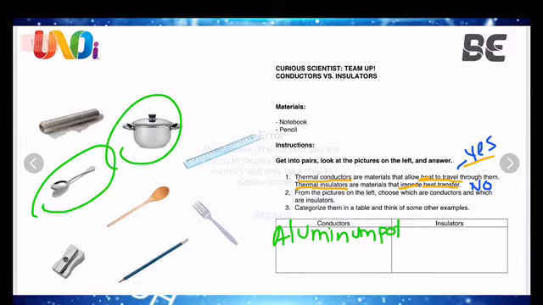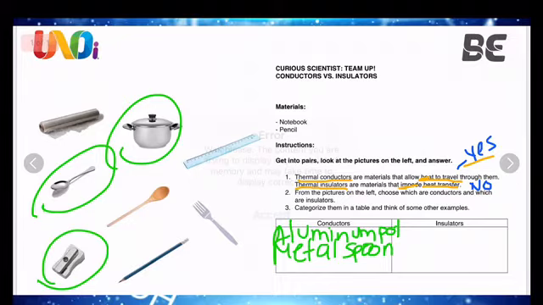I also think that the metal spoon is a conductor letting the heat pass through, okay? I also think that the metal sharpener will let the heat transfer, okay? This one will be the metal sharpener, okay?